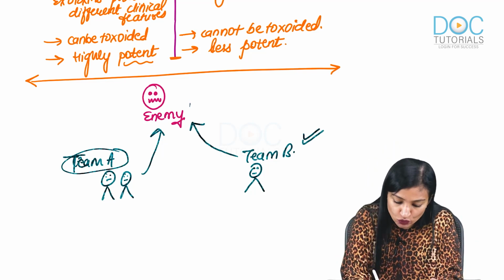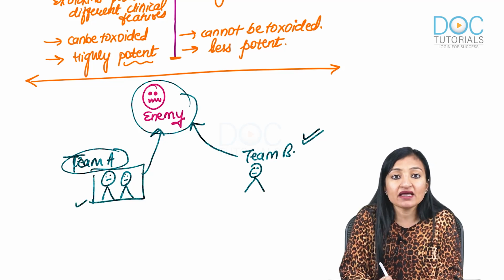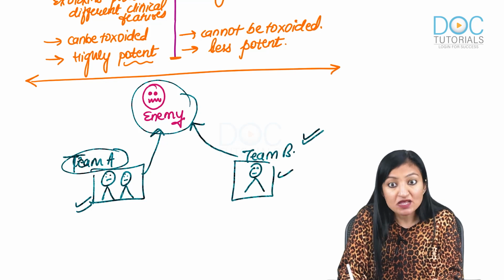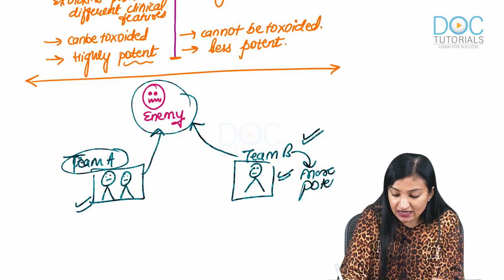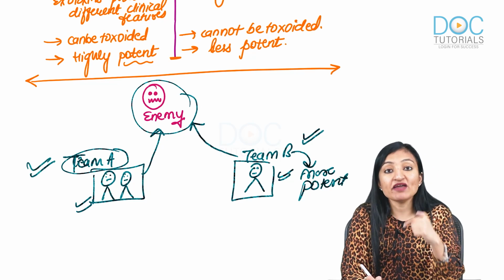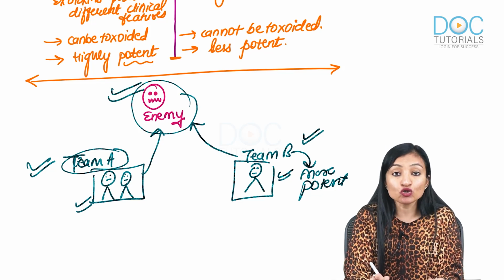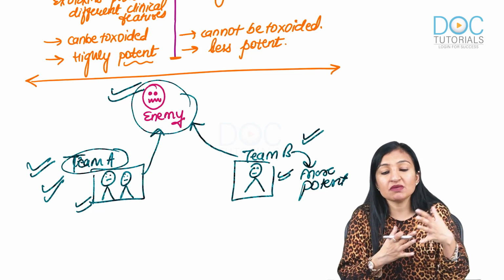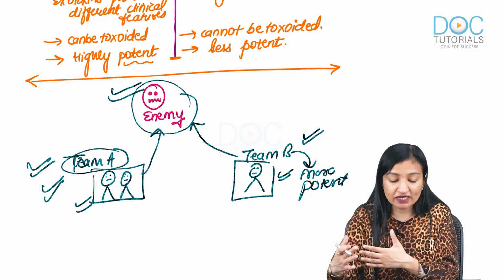So to target this one enemy, 2 team members of team A are needed as compared to only 1 team member of team B. So we say that team B is more potent in comparison to team A. The effect to be produced here is elimination of this enemy. To produce the same effect, more people from team A are required as compared to team B. So team B is more potent.